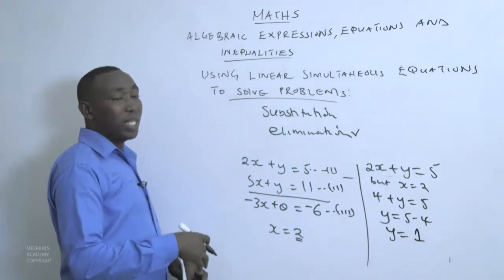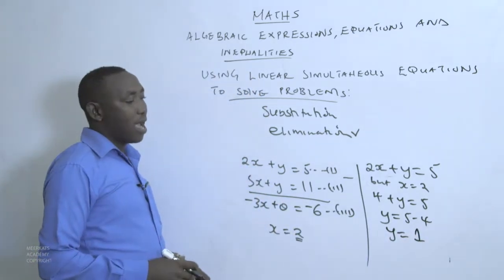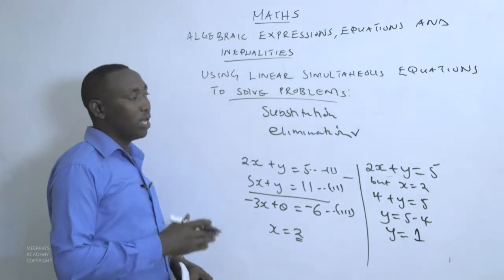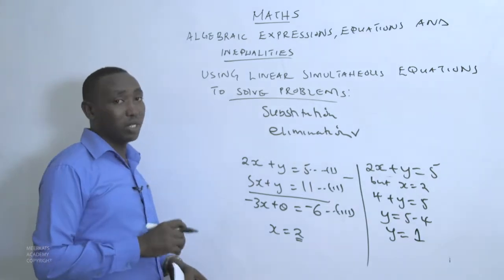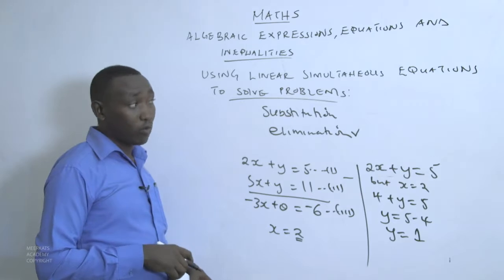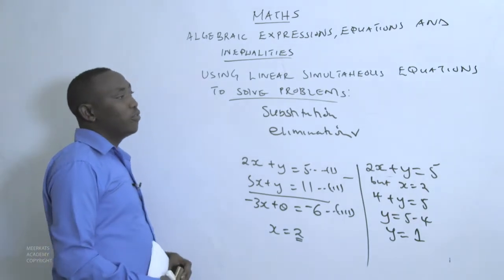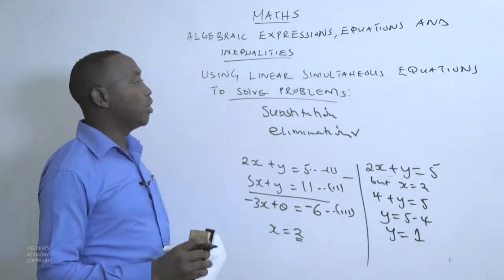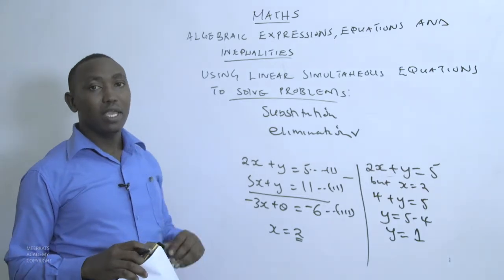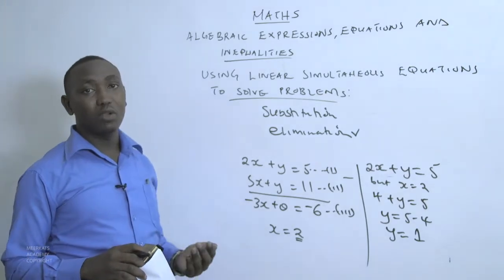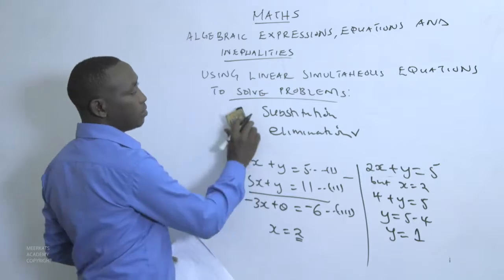So the two methods are applicable whenever you are solving simultaneous linear equations. We now want to move on and look at how we can apply these two methods in solving different mathematical problems.